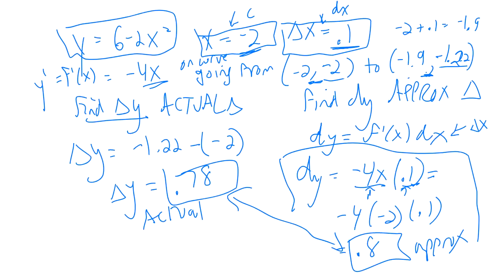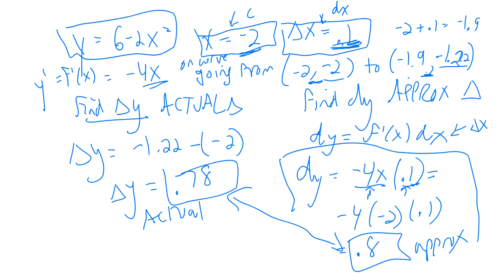So the differential approach can be very fast. 0.1 is a fairly small change in x, which means that if you're going along the curve, your tangent line is going to be a pretty good approximation because you're pretty close to the actual point where x is negative 2. Let's do one more of these.